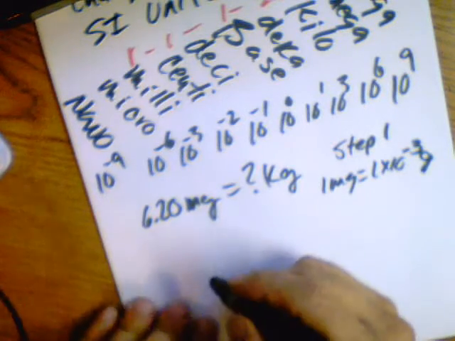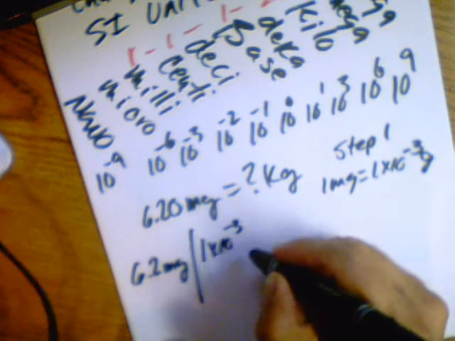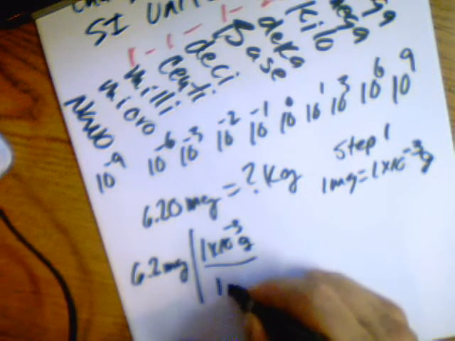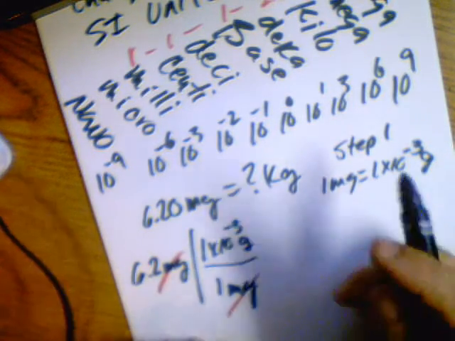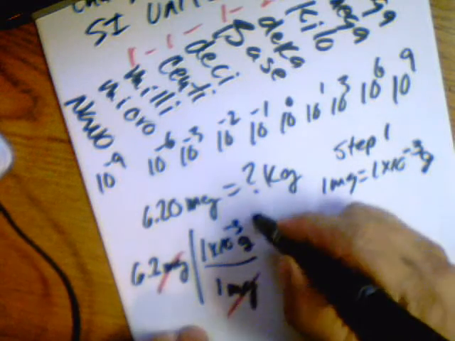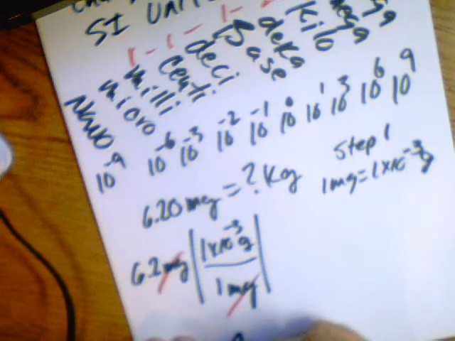So that would be our conversion factor. 6.2 milligrams times 1 times 10 to the negative third gram per 1 milligram, and then these units drop out, and now we have grams, but we're at our base unit. This is just step 1. Now we have to go through step 2.